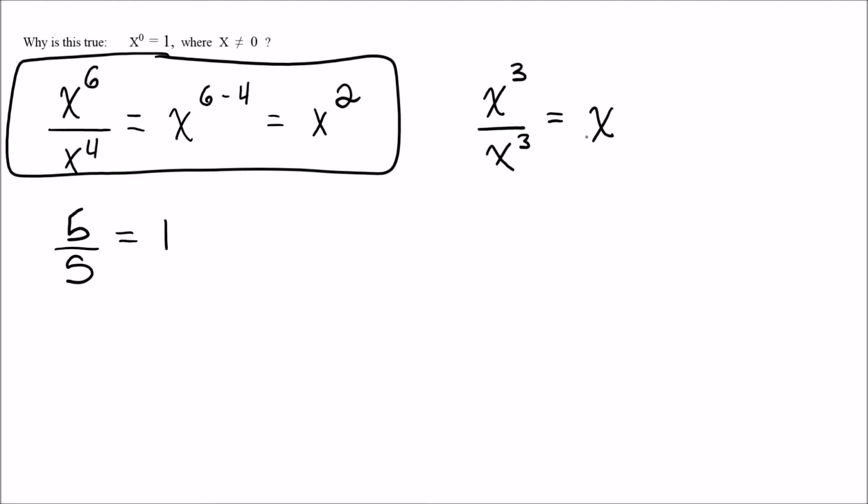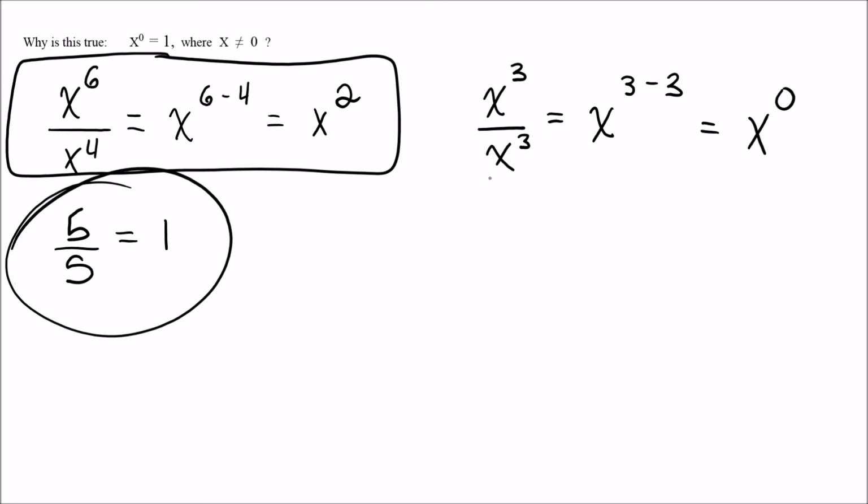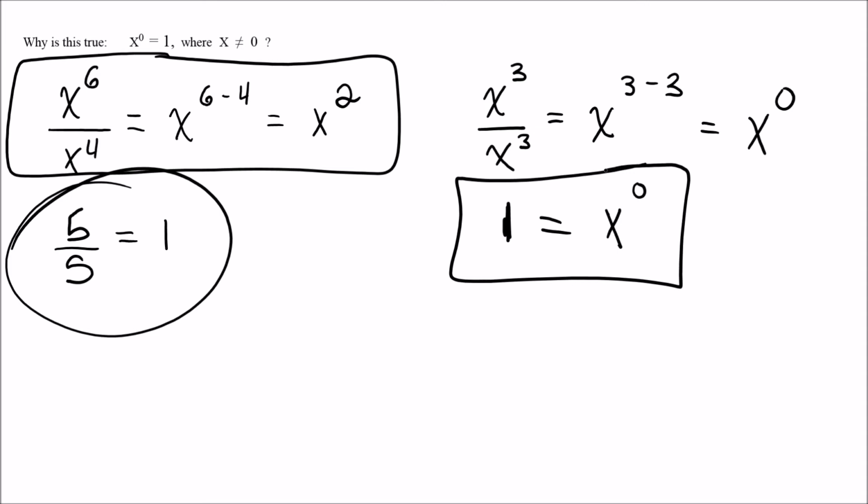So the base stays x, and then it would be 3 minus 3, which we get as x to the 0. Okay, but we also said that anything divided by itself is equal to 1, and surely x to the 3rd divided by x to the 3rd is the same thing as 1. So this means then that x to the 0 must also be 1.